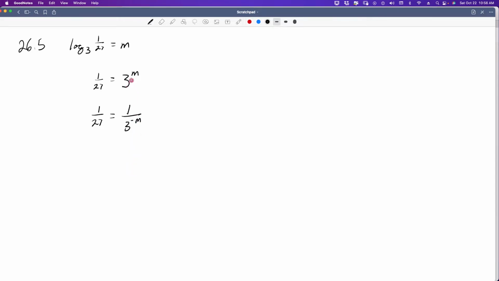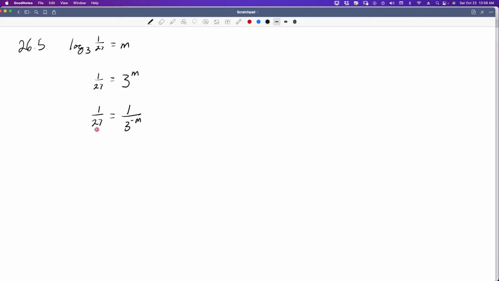Because I just flipped 3 to the m, I've got to change it to the negative form because we flipped it. Don't forget to do that whenever you have to flip one of these. You have to remember that that's part of the process. You can't just incorporate it into the m as part of the variable.